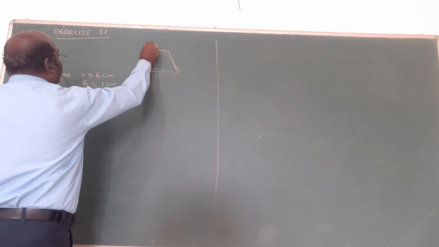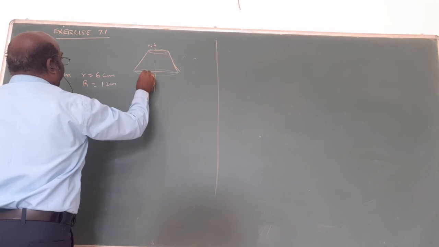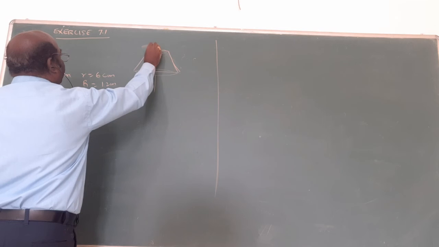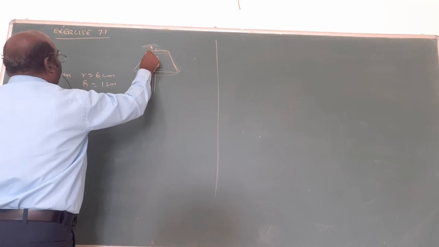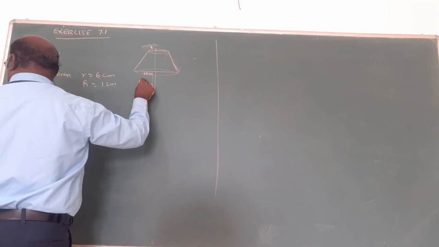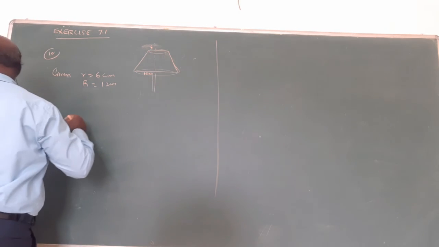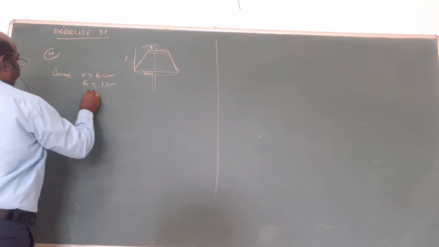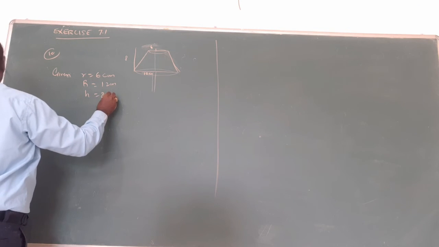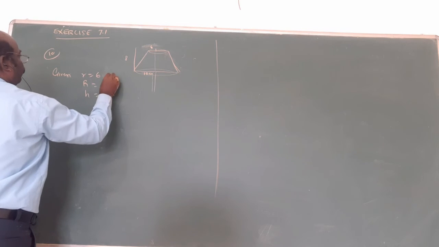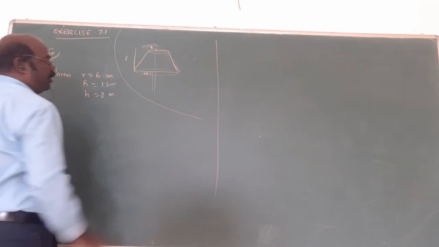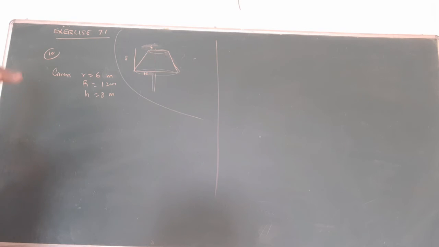The lamp is clearly given here. Here 12 is given, here 6 is given, this radius is 6, and capital R is 12. H is given as 8 centimeters. The diagram is given in the question, so you need not draw the diagram once again.